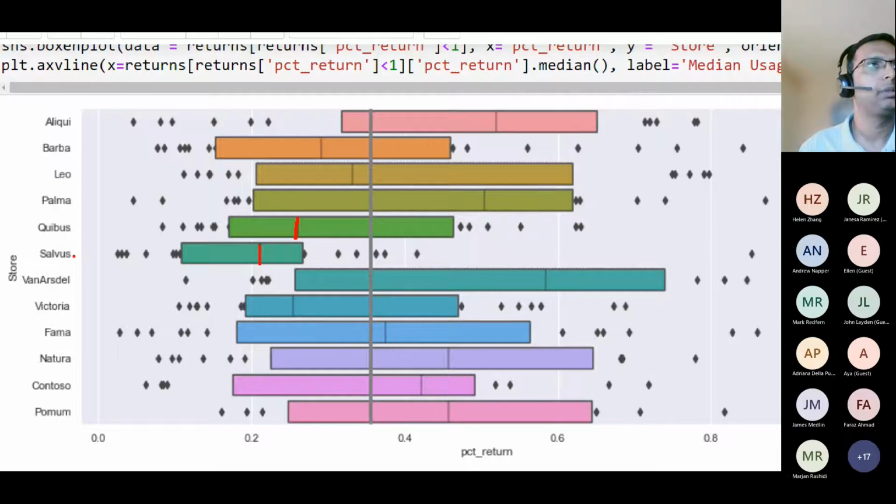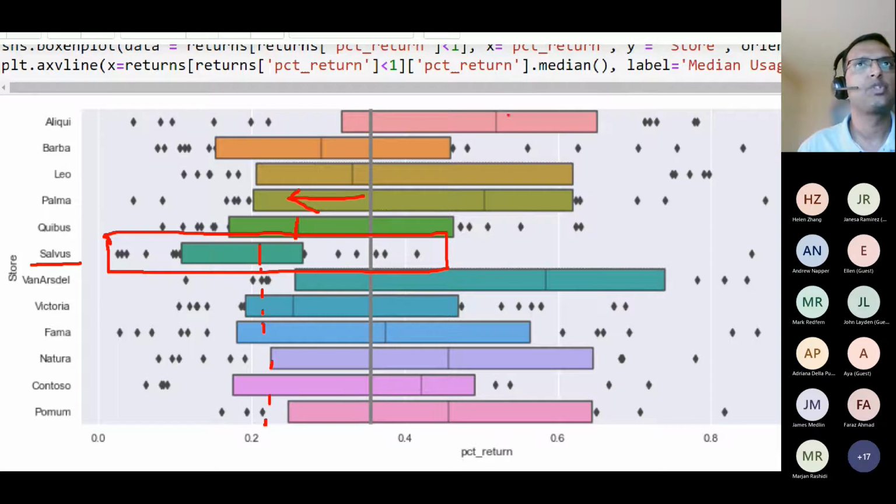So if I look, for example, at this store called Salvas, this shows me what the overall distribution of the return, the weekly distribution, looks like. My median for that store is around 22%, right? It's on the left-hand side of this median line. And then there are some stores that have a median on the right-hand side. So all these different stores.